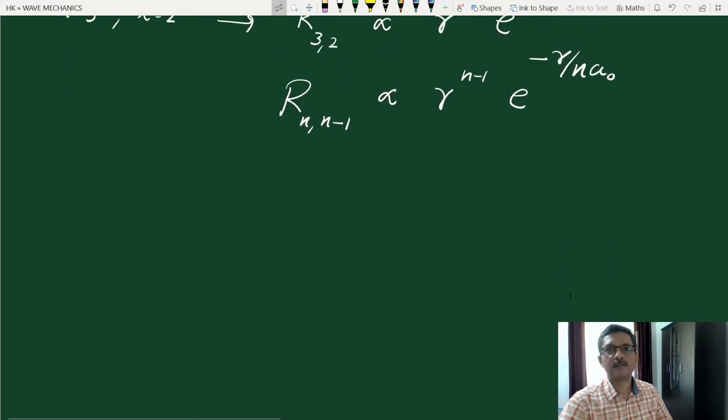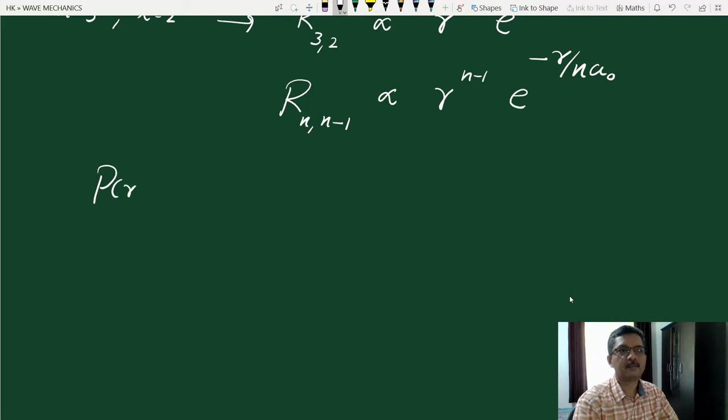Now let us find out what the radial probability is in this case. We know it is proportional to capital R square times small r square.